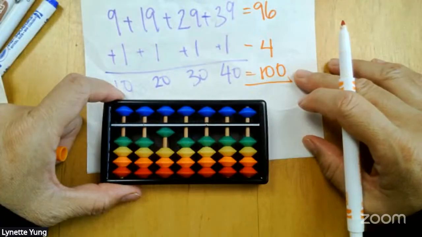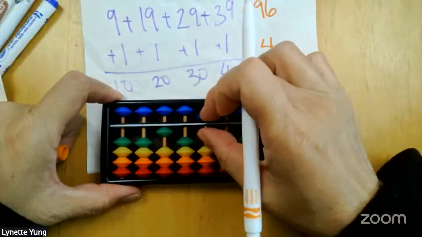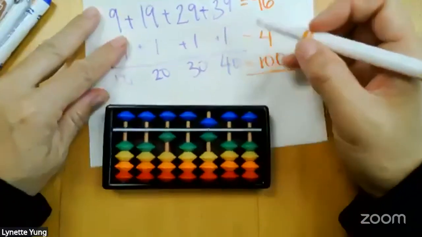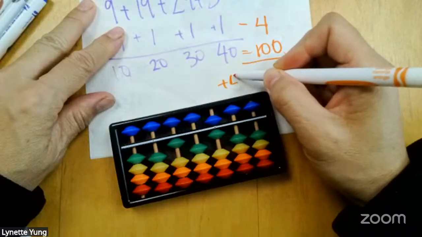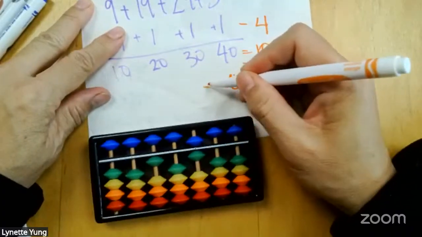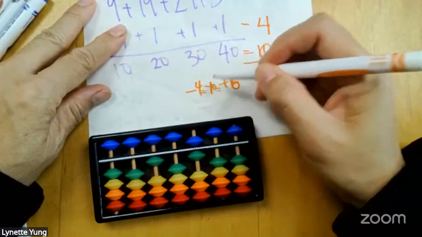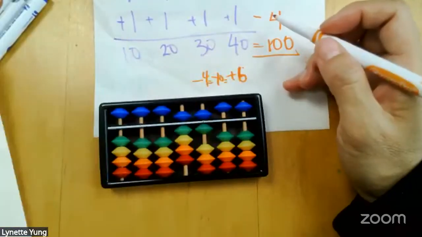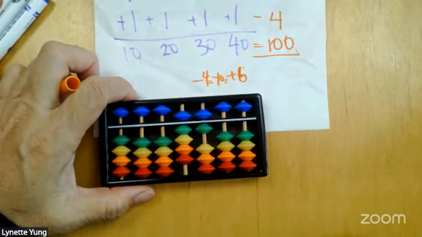And minus the 4 is plus the 6 first, minus the 10. Can't do it. So minus the 10 is plus the 9 minus the 1. Plus the 9 minus the 1. Yep, plus the 9 minus the 1, or minus the 10, whichever one you want.